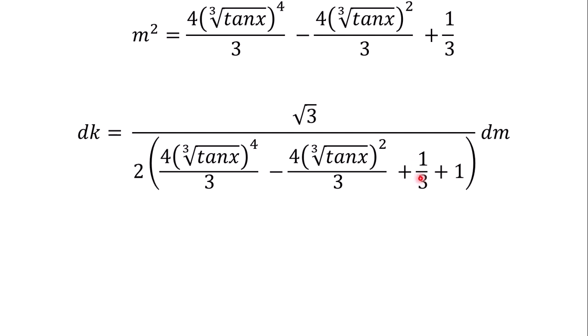And then what will you do? When we get 4 over 3, since all of them have the same denominator, we will just write it as 4 times cube root of tangent x to the power 4 minus 4 times cube root of tangent x to the power 2 plus 4, all over 3. Then we will send the 3 to the numerator's position.